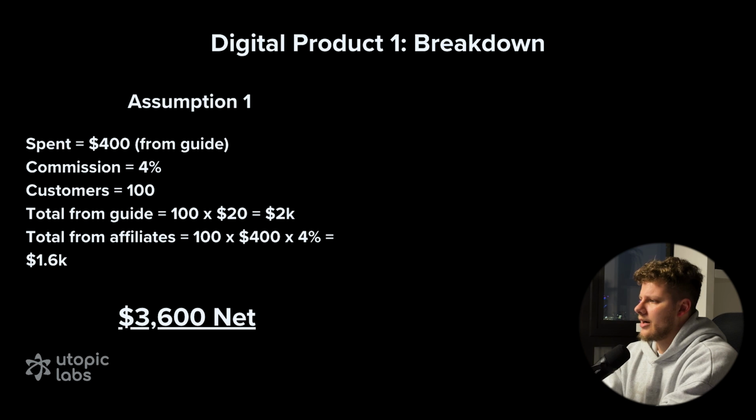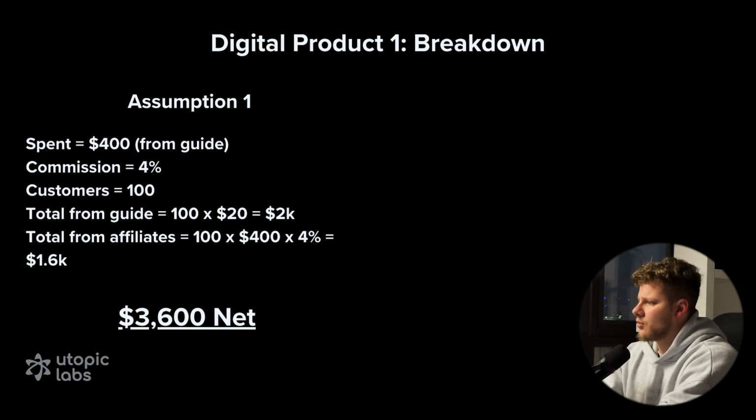So I basically created two assumptions of how much you could be making with this, right? So say, for example, that they spend $400 from your guide. So out of that $1,400 average spend in 1 year, they spend $400 from your guide. That's why it's important to have different seasons. And you get 4% commissions on that. So that will be for 100 customers.